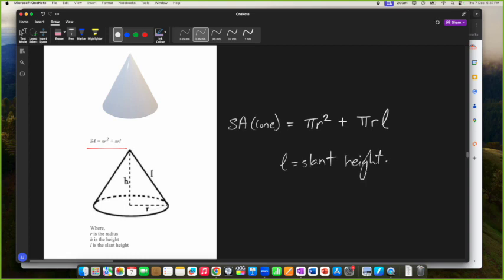And you can see the difference here. They do have the perpendicular height in the shape here. This is the radius of the base circle, but this here is the slant height l. So you're actually using this slant height.